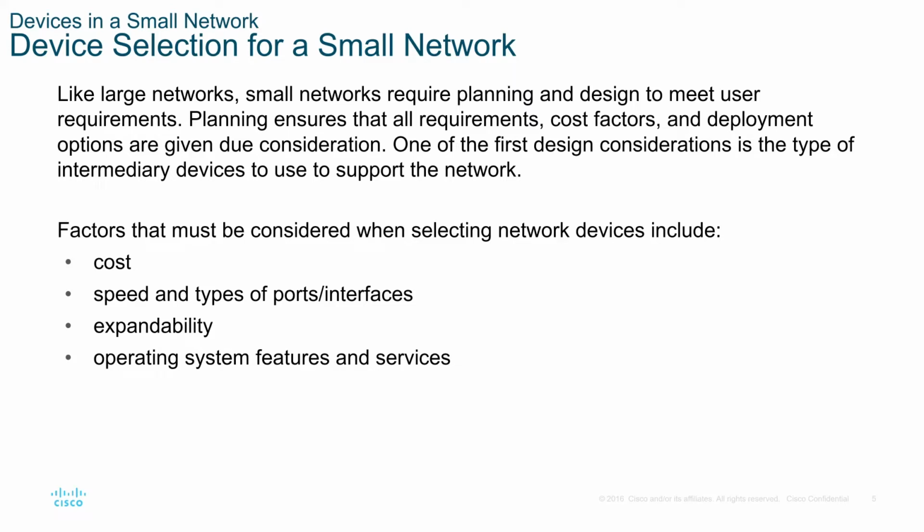Speed and types of ports or interfaces is crucial, especially if your company is going to do any type of voice or video. Expandability, as was mentioned earlier: is the company planning on expansion? And if they are, are they going to offer additional services? What type of operating system features and services will they be providing?